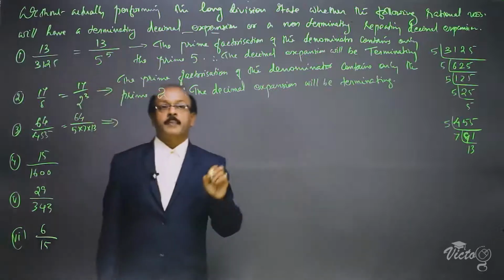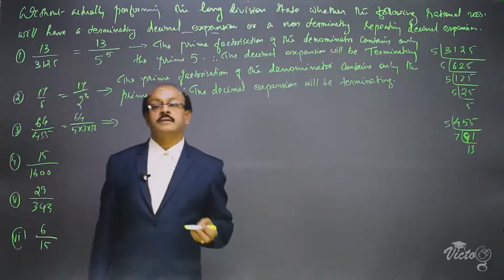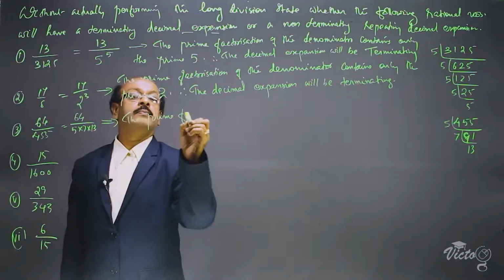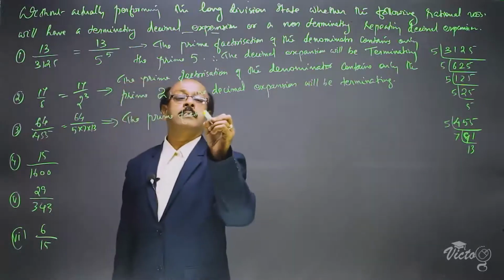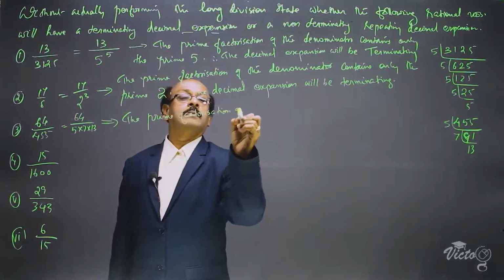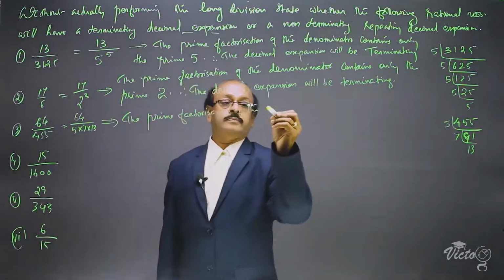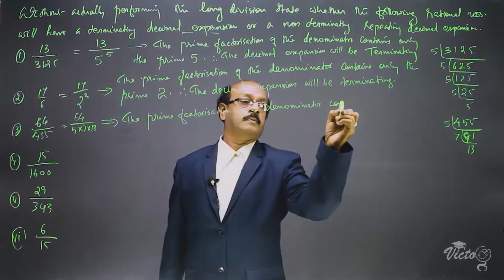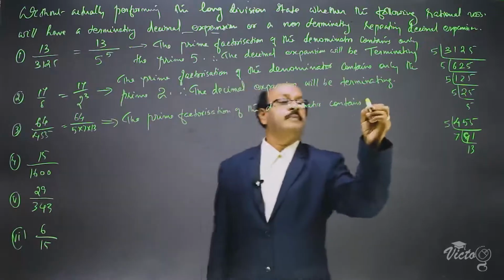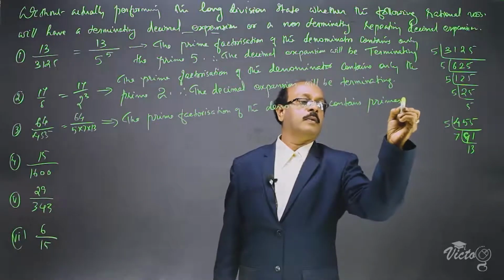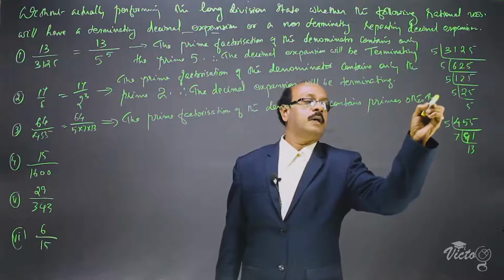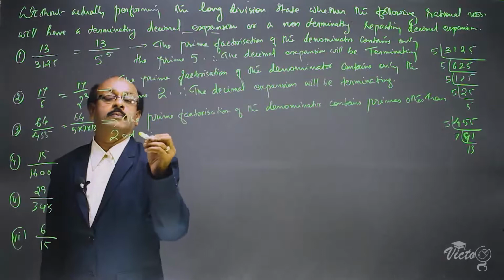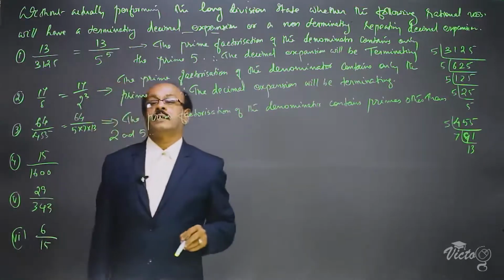That means the prime factorization of the denominator contains primes other than 2 and 5.